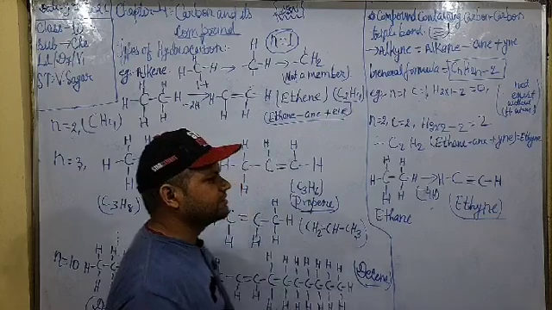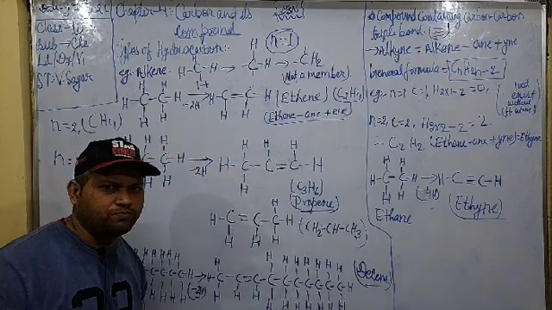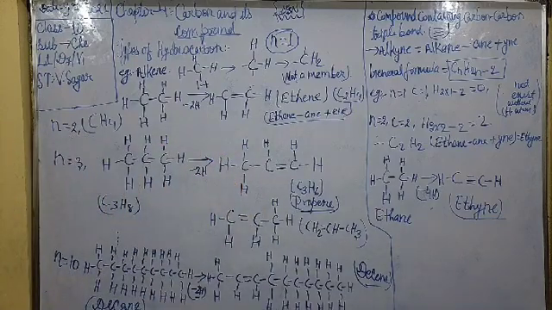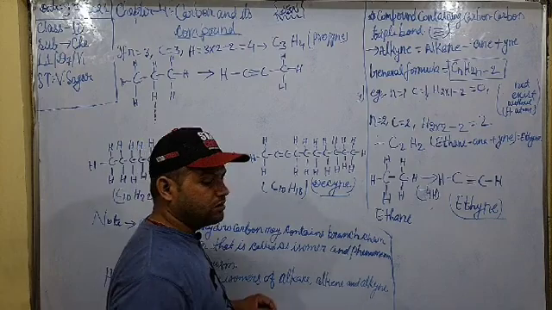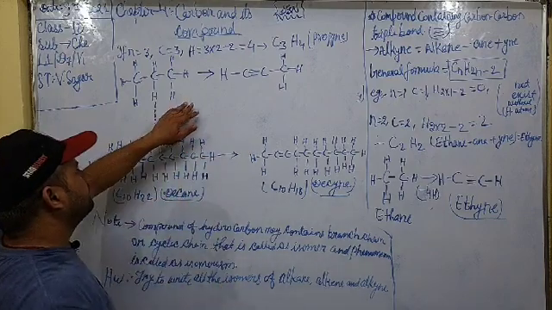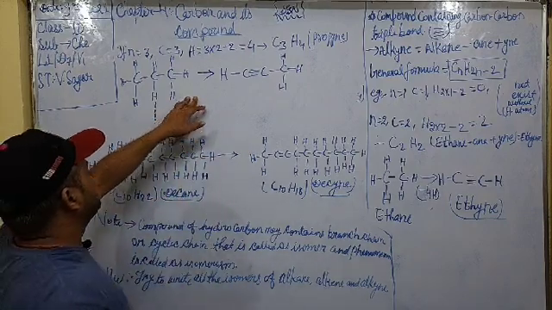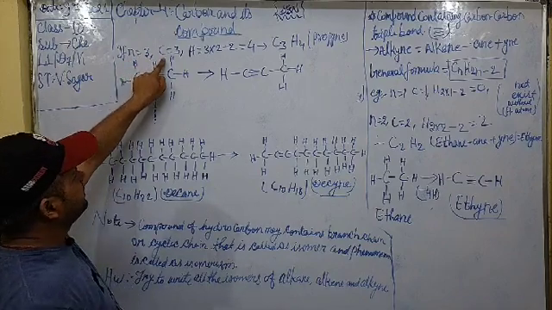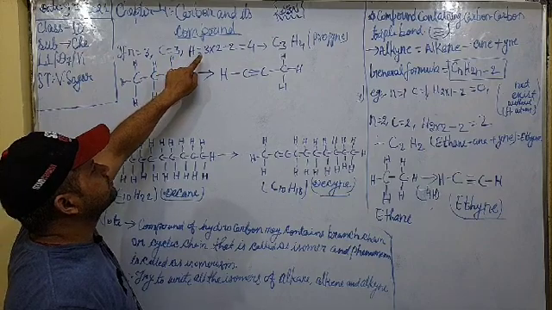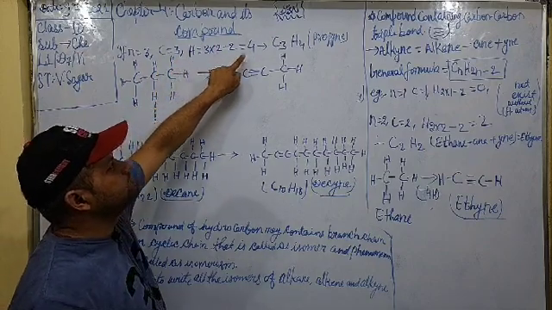Look at another example of the alkyne group. Now look at the example of another compound that has n equal to 3. So C is equal to 3, H is equal to 3 into 2 minus 2, which is 4.